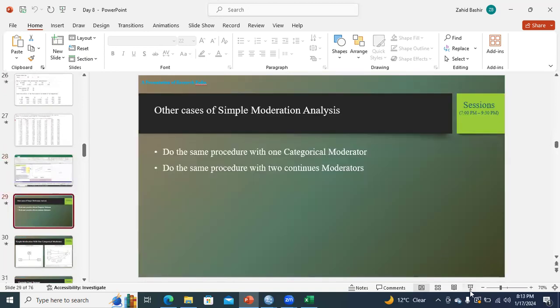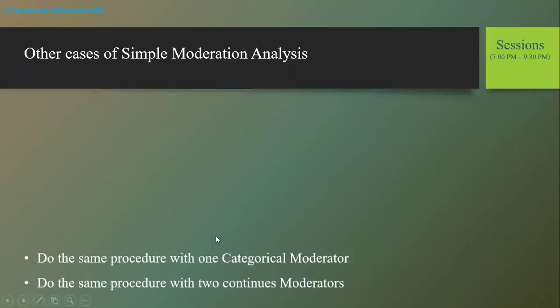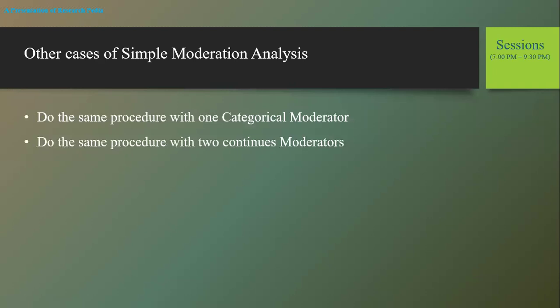So we have a lot of other cases over here that we need to analyze. For example, what are the other cases of simple moderation, or what situation you can deal with if you are using simple moderation? You can do the same procedure with one categorical moderator. Sometimes your moderator may become categorical.